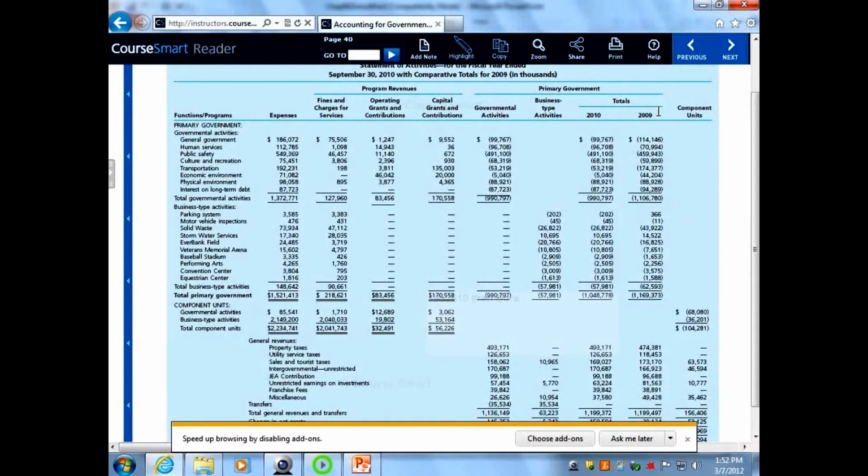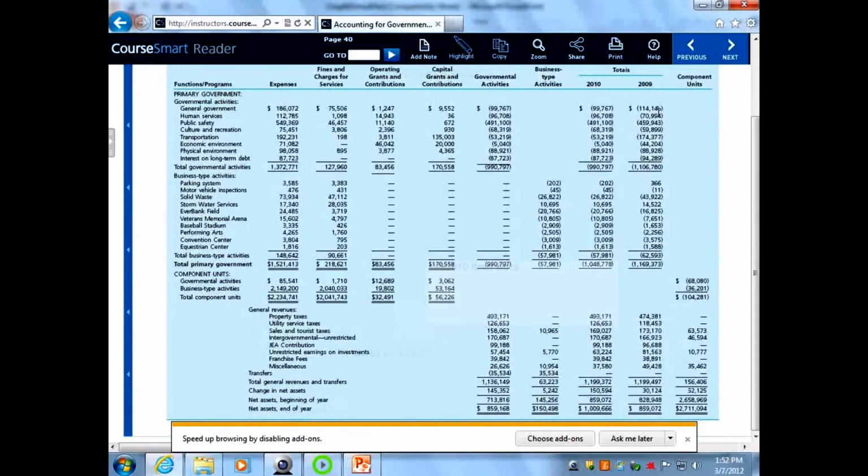Now comes the next part, and this is where things, I want you to just pay attention to it for a little bit more carefully. General revenue. Notice what kind of things they put in general revenue. Property taxes. Notice they didn't take property taxes and allocate them among the activities. They didn't do that. What did they do?